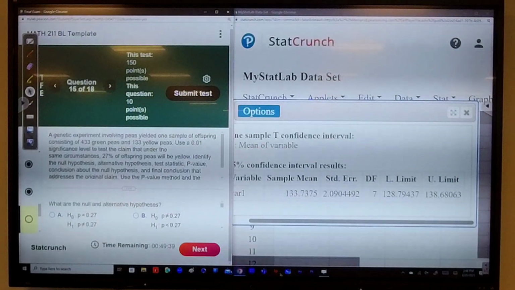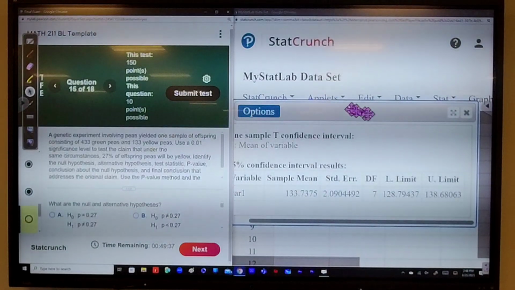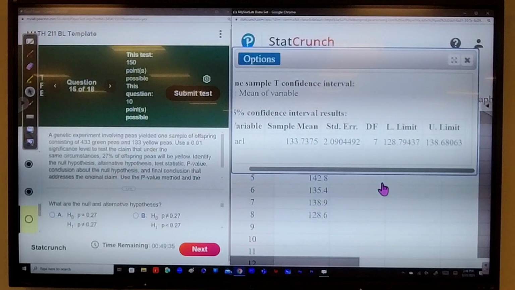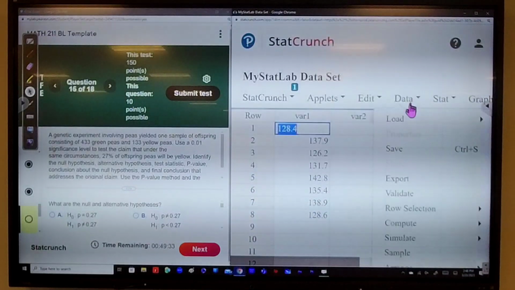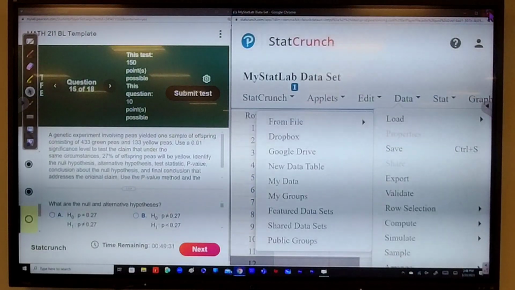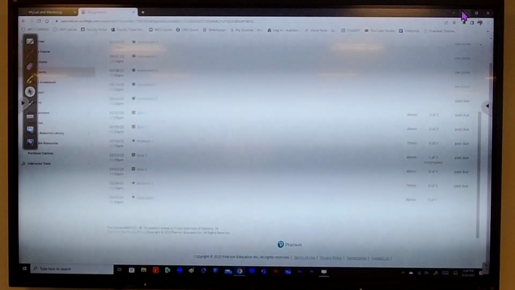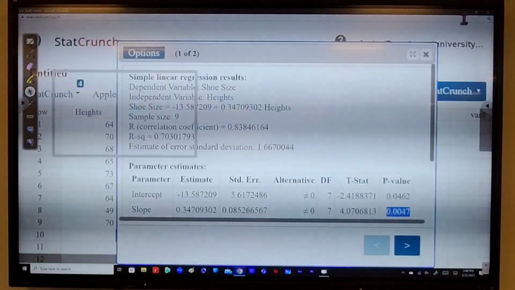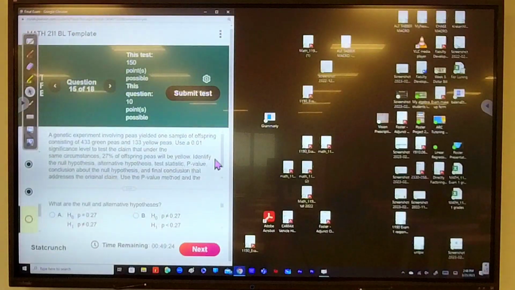Yellow peas. Woohoo. Let's see here. So we've got an experiment. 1% significance level. Oh, we're doing a hypothesis test. So alpha is 0.01. That's pretty small.